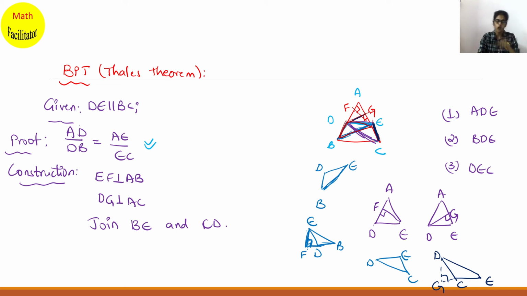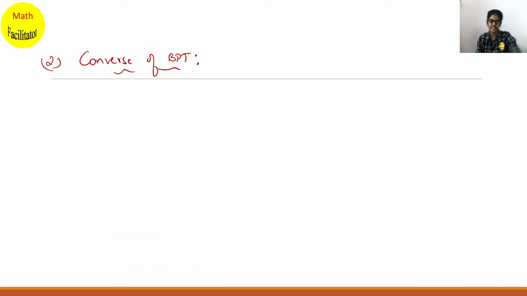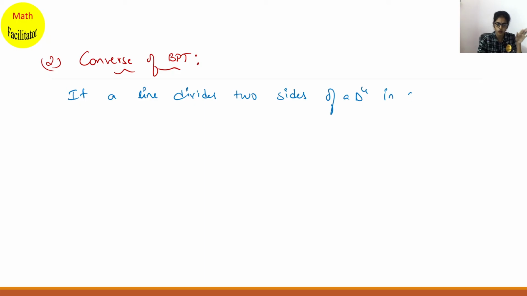But the converse is: if a line divides two sides of a triangle in the same ratio, what can you say about the line? Then the line is parallel to the third side. The proof is not important here, just understand the converse. You may get it in objective type.